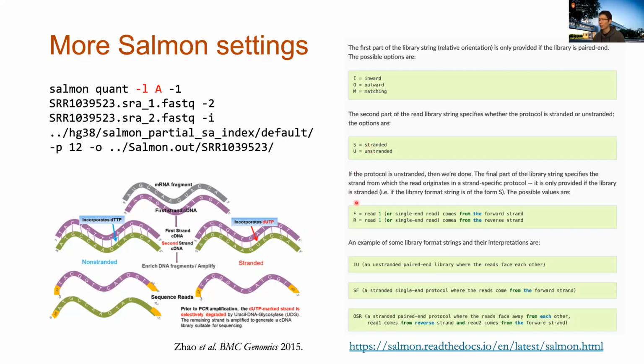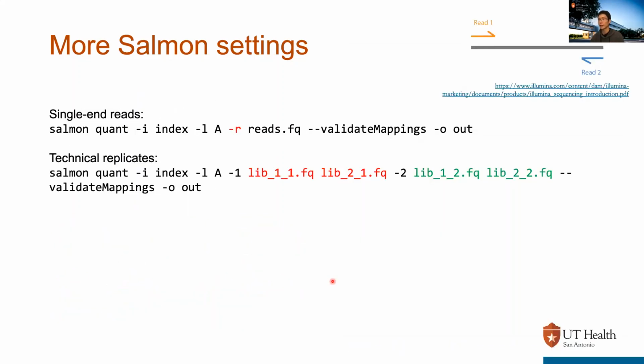You also have other, more specific parameters to specify whether it's the forward or reverse strand, if you have a specific design in your sequencing run. It also has a way to run single end reads, because the example we did today was paired end, so for each sample we have R1 and R2.